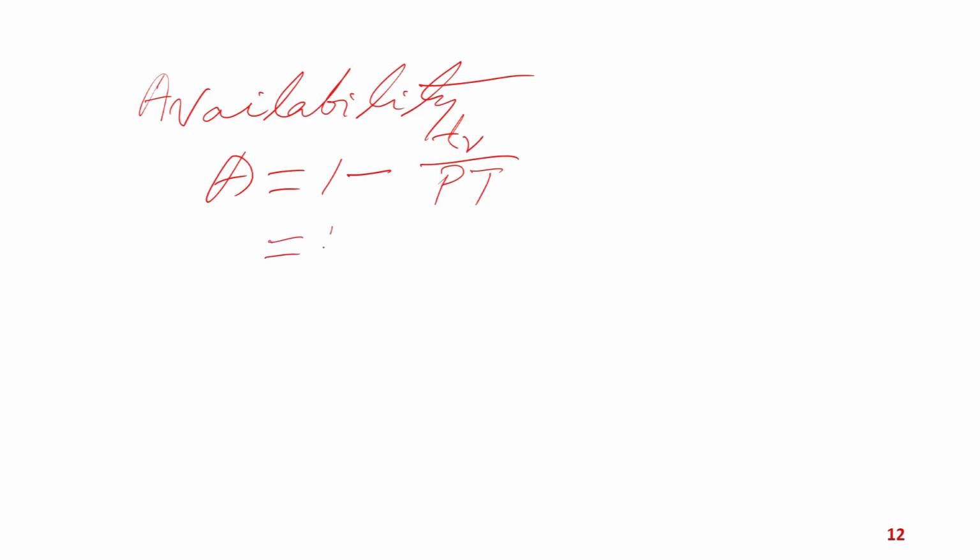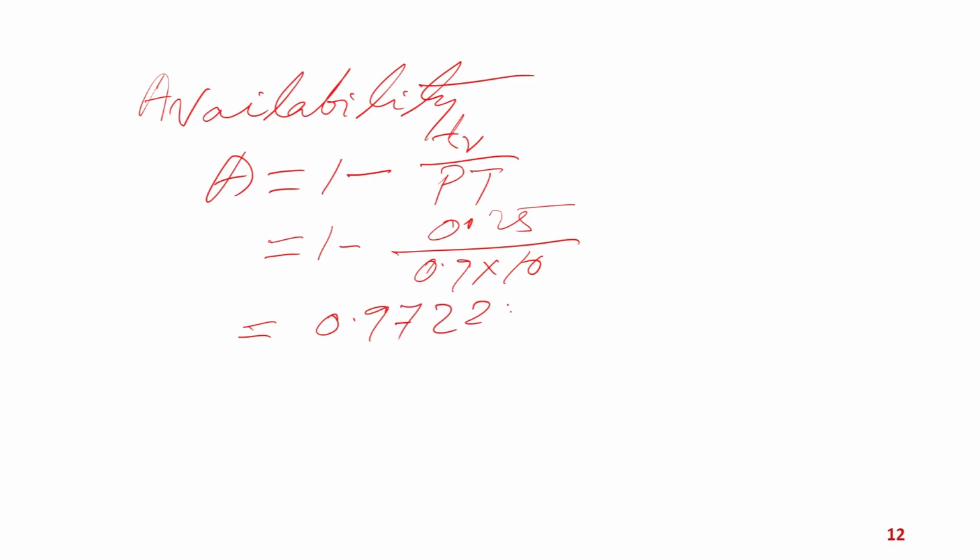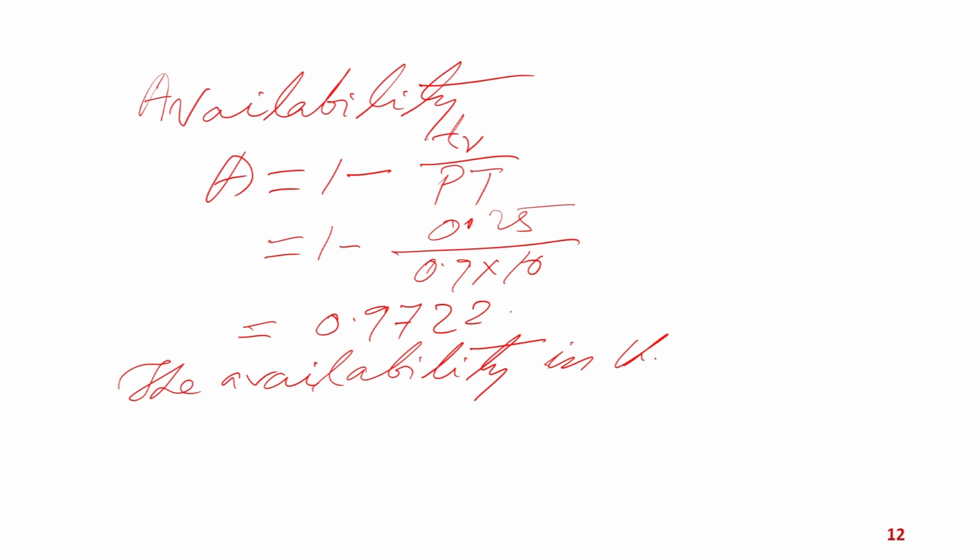So this is 1 minus 0.25 divided by 0.9 into 10, which gives 0.9722. This means the availability in this case is 97.22%.